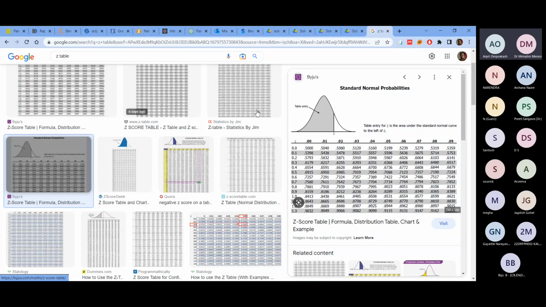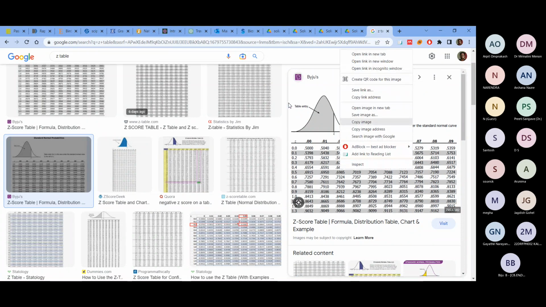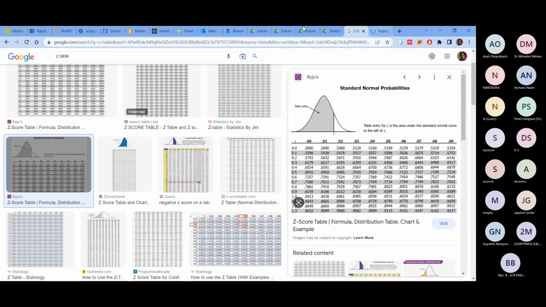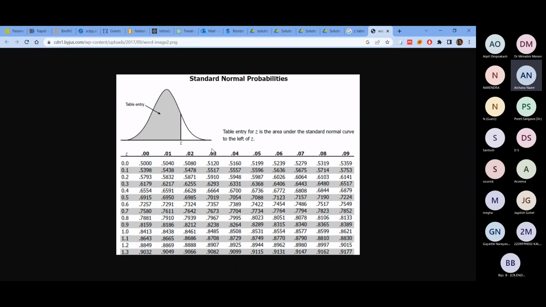So in this table, zoom in a bit. Is this better? Yes, sir.